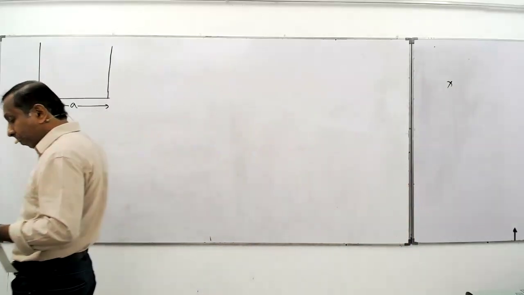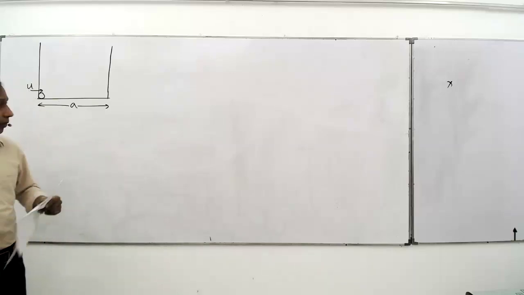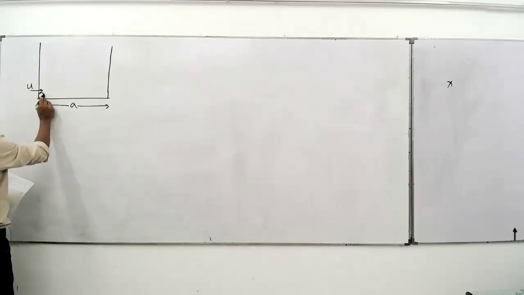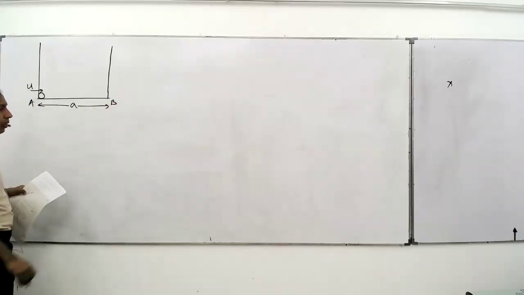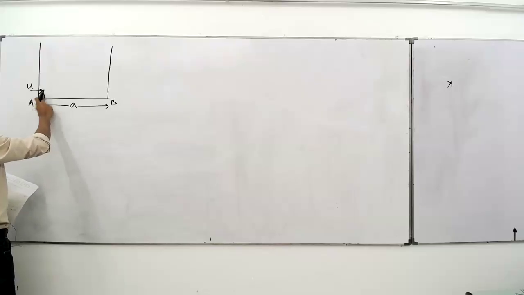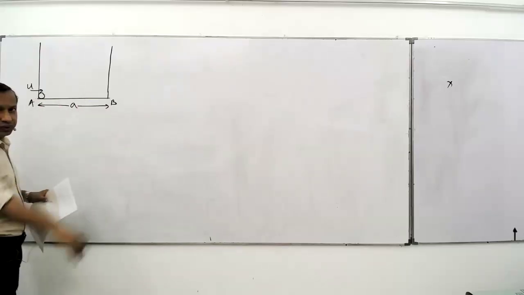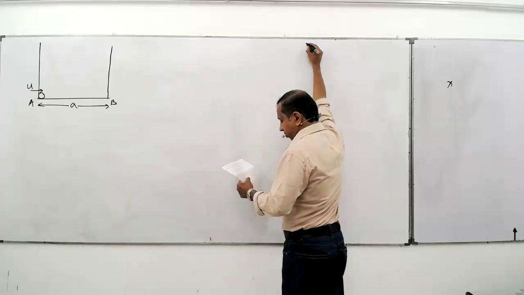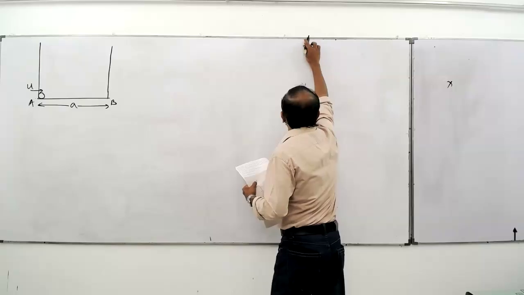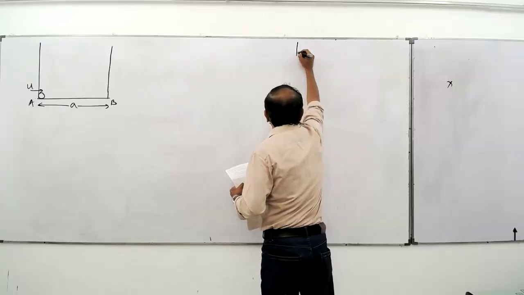Okay. This is smooth, right? So people, once this moves from this wall A to wall B, I take these two walls as A and B. The velocity is constant because this plane is smooth, constant velocity, right? Okay. So then I draw the VT graph like this. This is the velocity axis.